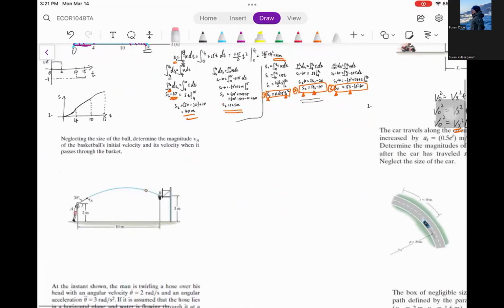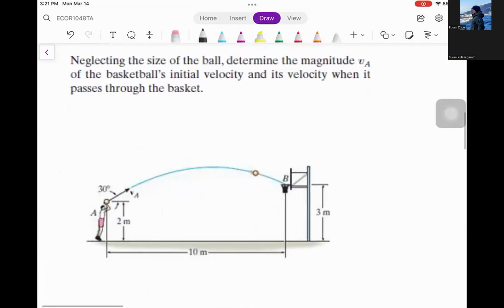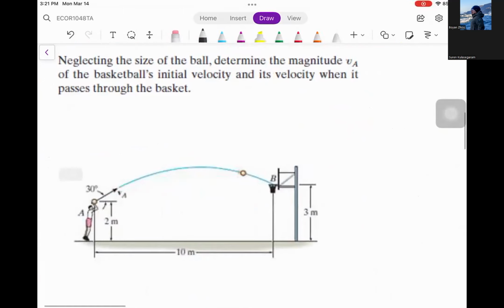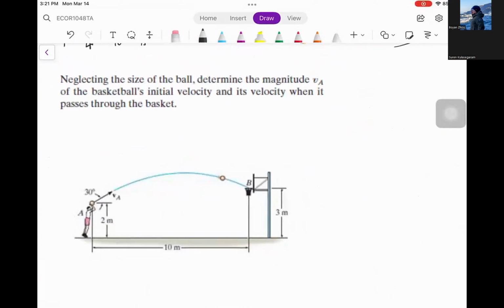So the third question, maybe some of you have a similar question from high school. I'm just going to repeat the same thing. For this one, we know that when the ball is flying, there's only one force, just gravity.